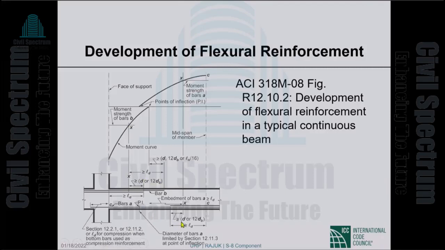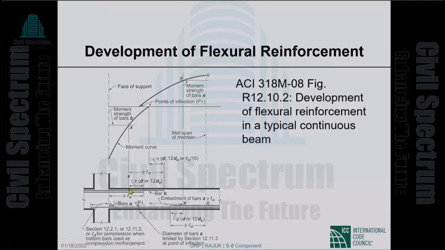Okay. And then the bars B have to have full development length beyond the theoretical point of cutoff here.